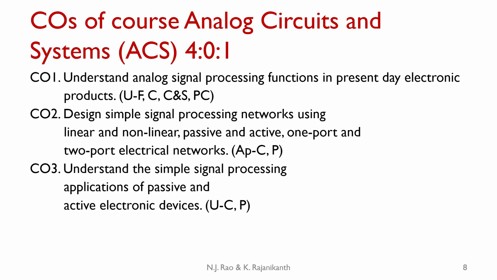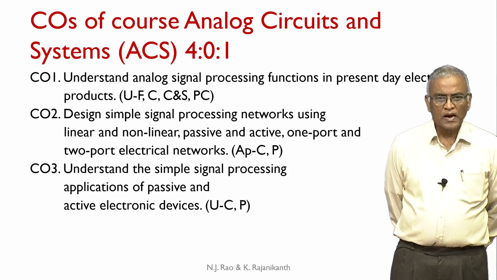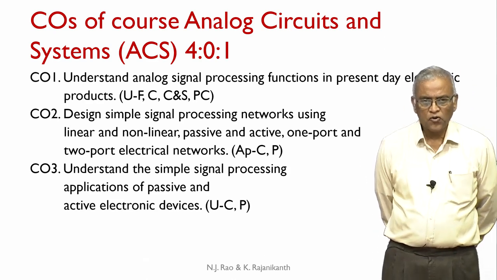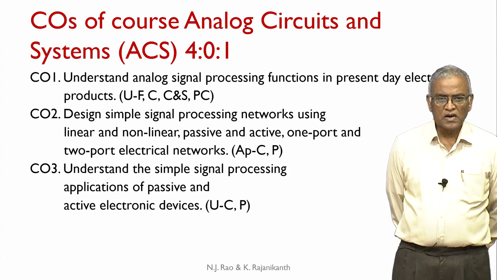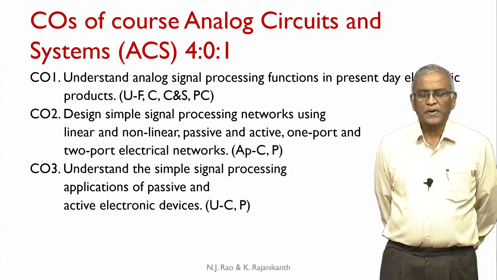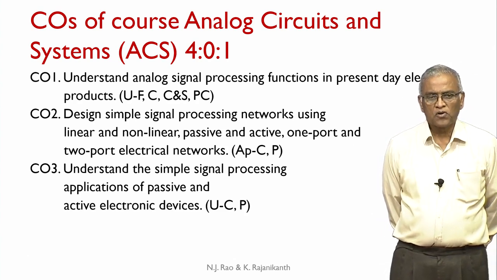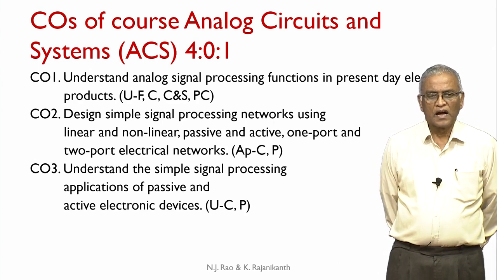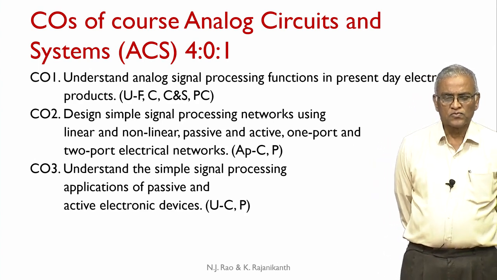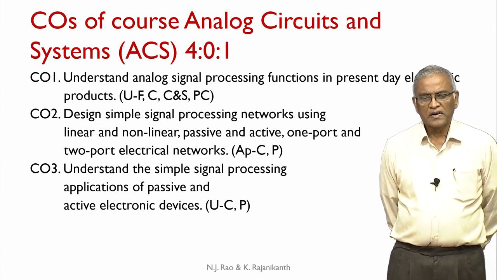For example, "understand analog signal processing functions in present day electronic products." So the cognitive level is U, and there are 4 knowledge categories. These include factual, conceptual, criteria and specifications, and practical constraints. Okay. These are 4 knowledge categories, and the cognitive level is U. Similarly, for all the COs we have tagged accordingly.